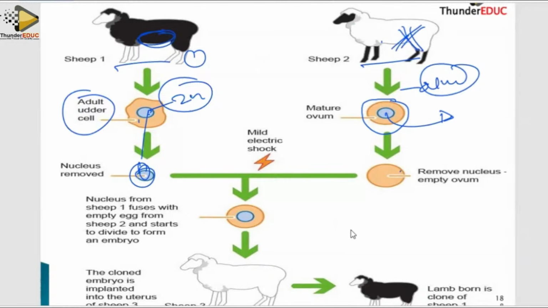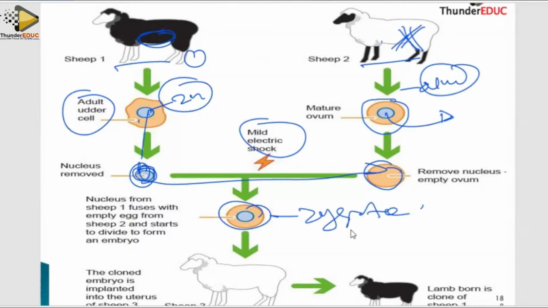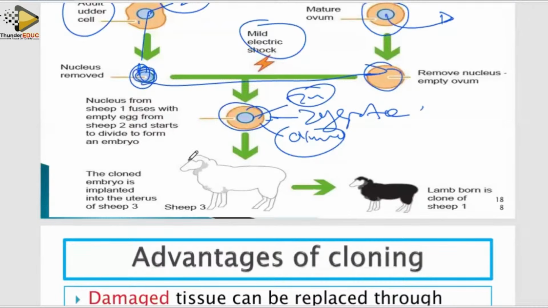Then I bring this nucleus and combine them together using a mild electric shock. Once combined, I form something which looks like a zygote. It's not a zygote, but looks like one because it is 2N, and the outside part is the ovum membrane. After that, we insert it into the surrogate, and it undergoes mitosis, forming a ball of cells.